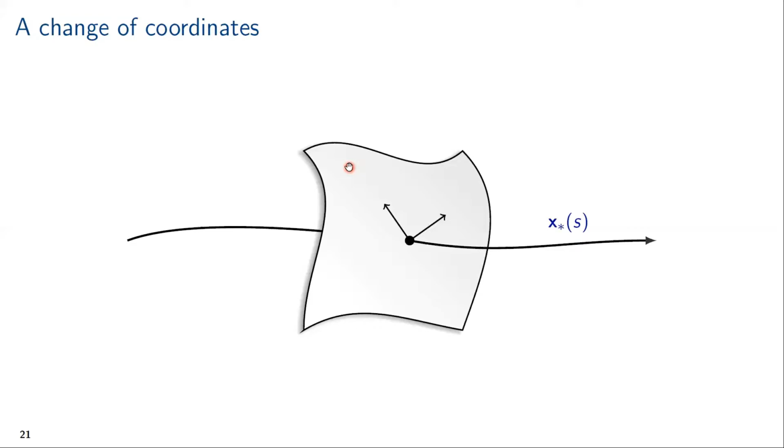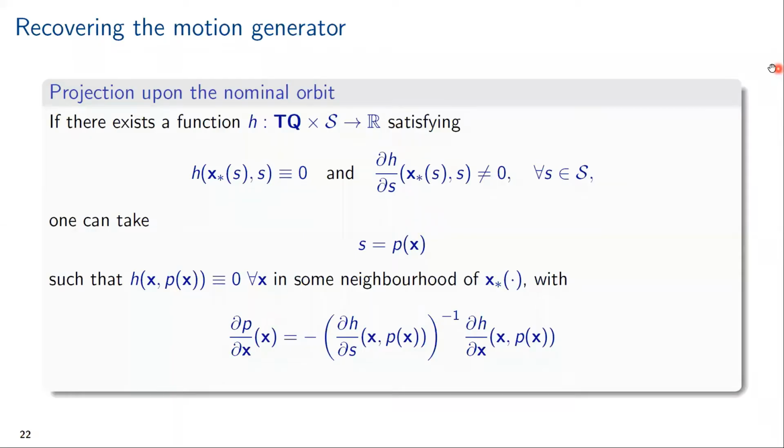This is so-called orbital stabilization, in the sense that we consider stabilizing the periodic orbit, the set of all the states along the solution, and not some particular solution which moves along in time, so not regular reference tracking control. And this has several benefits for these types of problems. But in order to utilize such a scheme, we need some way of recovering this motion generator.